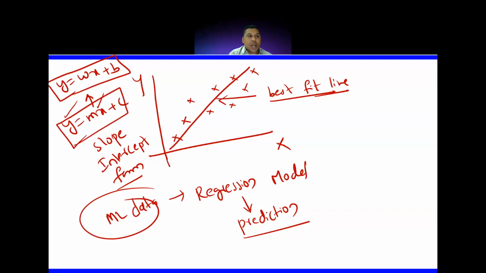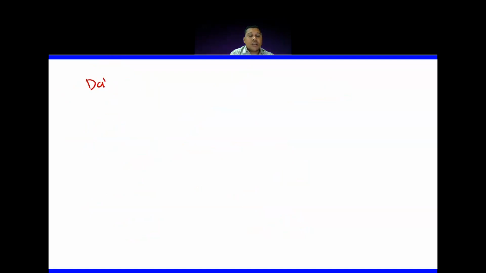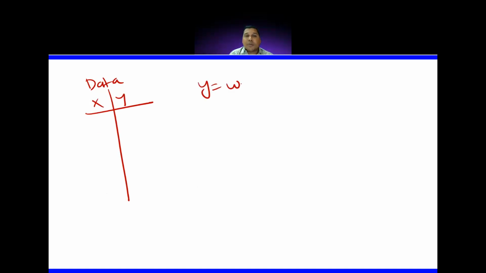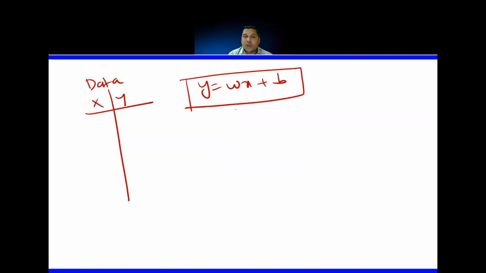Given some data, with values of x and y, you have to form an equation wx plus b, or in your terms mx plus c. Once you form this equation, this is called your regression model.